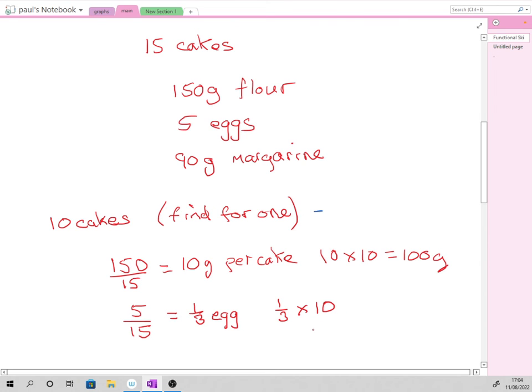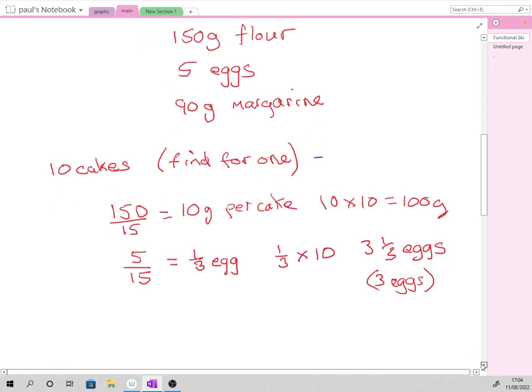A third of an egg times 10 equals, awkward number, 3 and a third eggs. Yeah, that would be the mathematical exact we'd need, but we'd probably just get away in the real world. Let's do 3 eggs, that'll do, yeah. Or just make it a bit more eggy, put 4 eggs in.